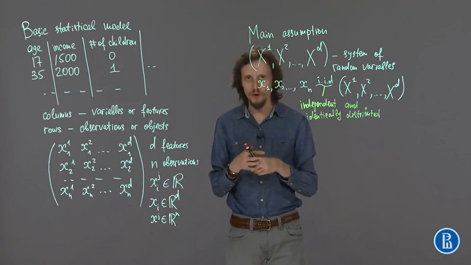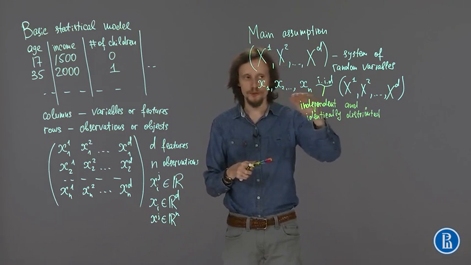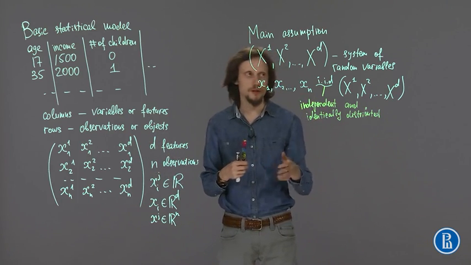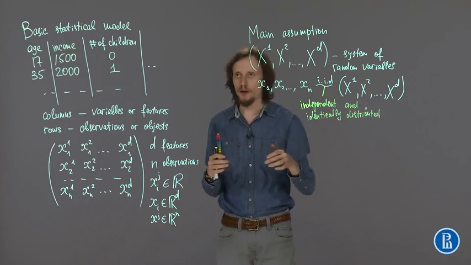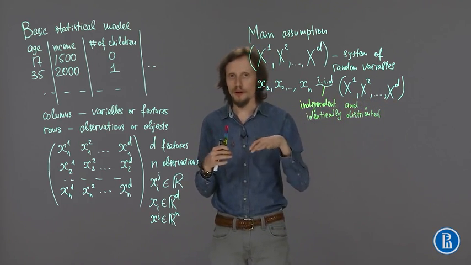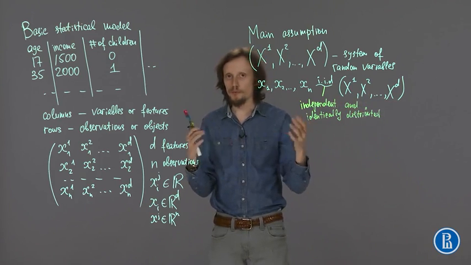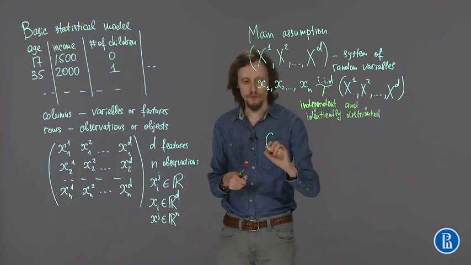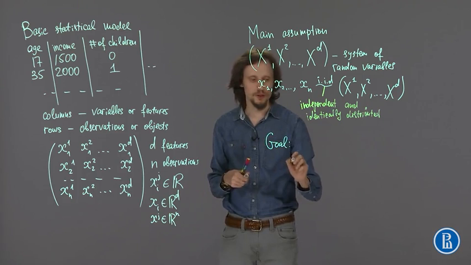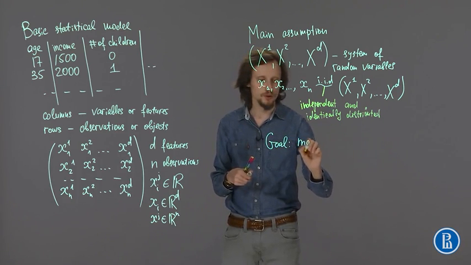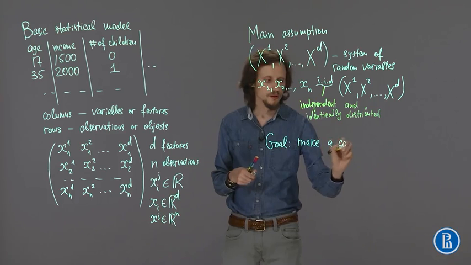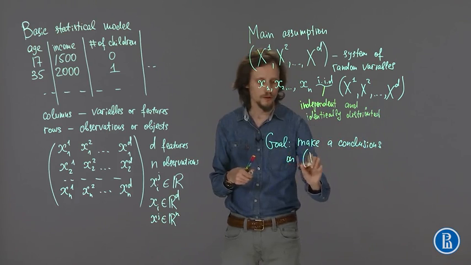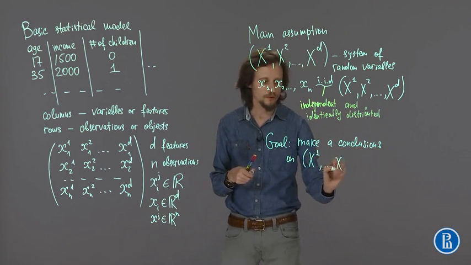And the main goal of statistics is to observe this sample or observe this table and make some conclusions about these random variables, about their properties, about their correlations, and some more complicated relations between them. So, to conclude, our goal is to make conclusions on our random variables.